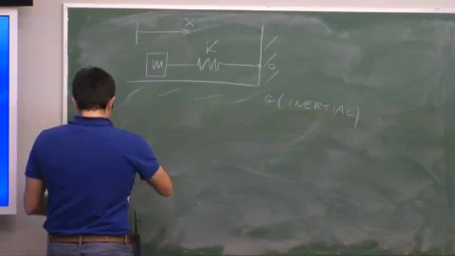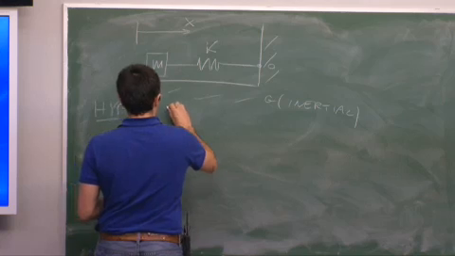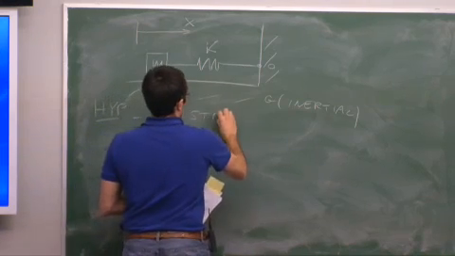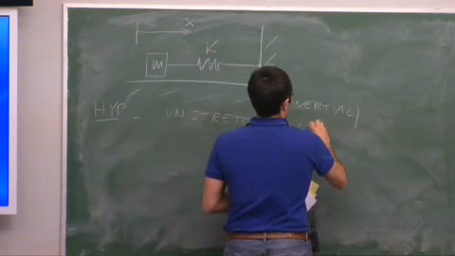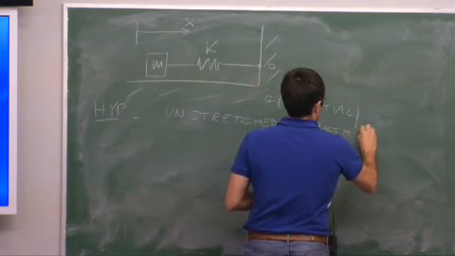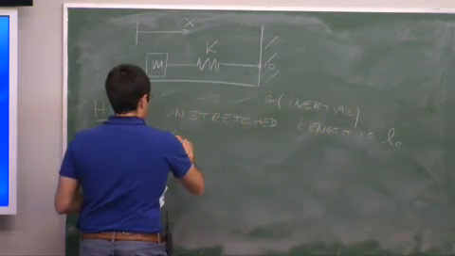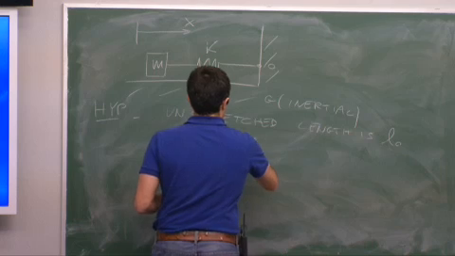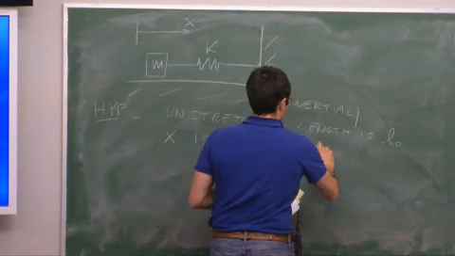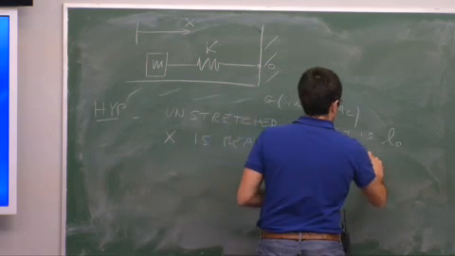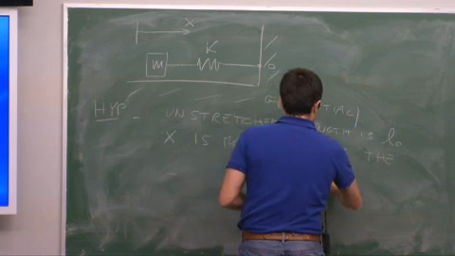So the hypothesis is that the unstretched length is L0, I give it to you, and this is important: x is measured from the unstretched position.